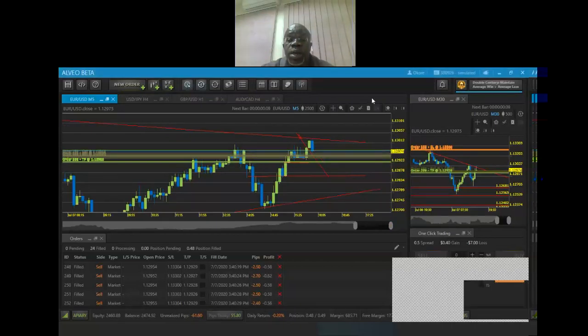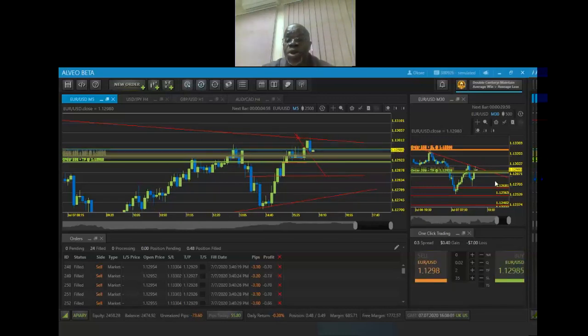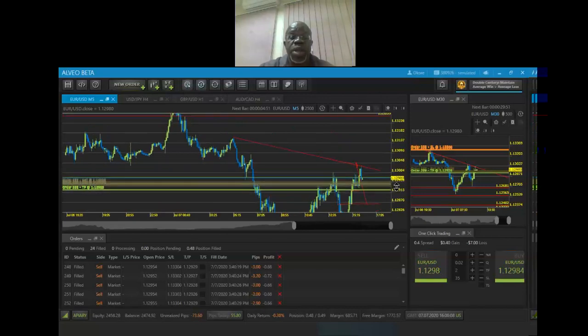Quick update. The market did go back, rather the candles did go back and touch the resistance that we had drawn down, this one down here on the 30-minute. And as you can see on the 5-minute, it did go back and actually touched it and then now came down.